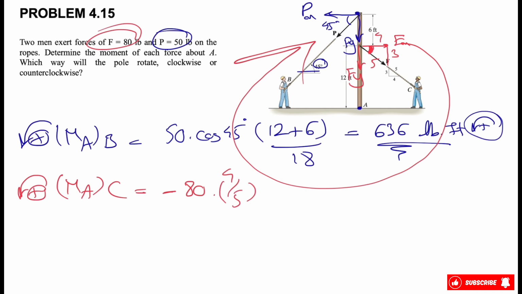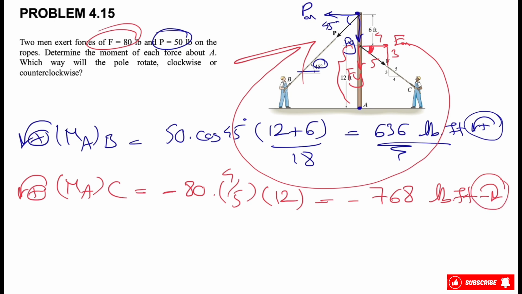And for the distance, we simply have the distance from here to here, which is 12. And if we calculate this one, we'll get 768 pound-foot. And this time we have a negative moment, which is clockwise.